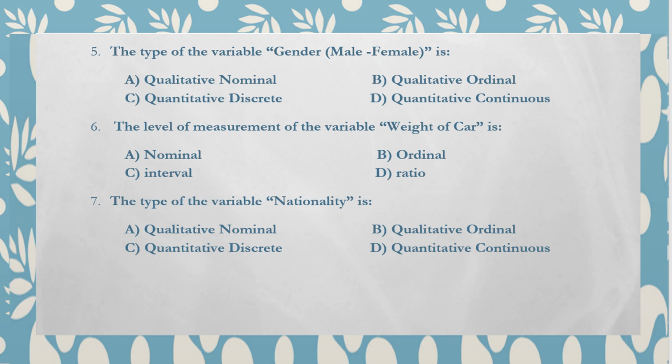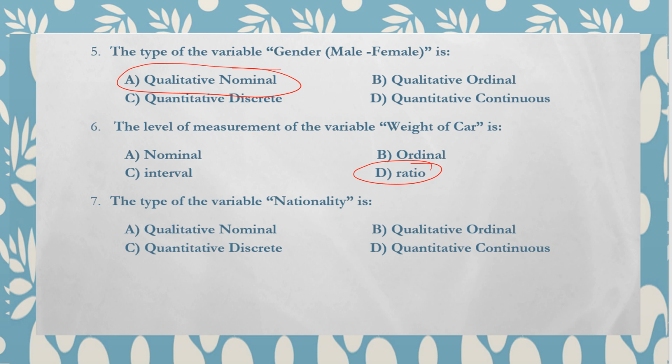So it's a qualitative nominal data, and the correct answer is A. Question 6. The level of measurement of the variable weight of car is. The weight of car is a continuous data, and we can make mathematical operations in it, and 0 means the absence of the weight of the car. So the level of measurement is the ratio level, and the correct answer is D.